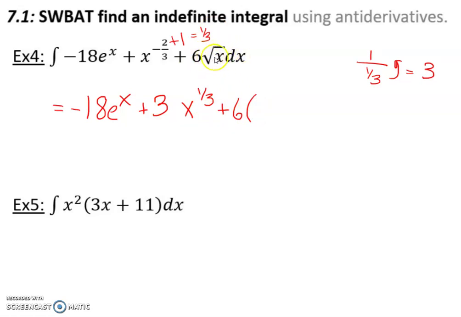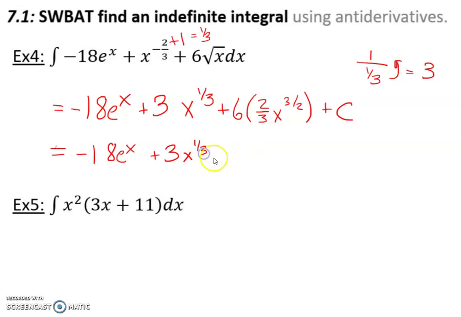The integral of square root of x is 2/3 x to the 3/2 with a plus c. And I'll simplify this just a little bit. So we've got -18 e to the x plus 3x to the 1/3 plus, and then 6 times 2/3 is 4 x to the 3/2 plus c.